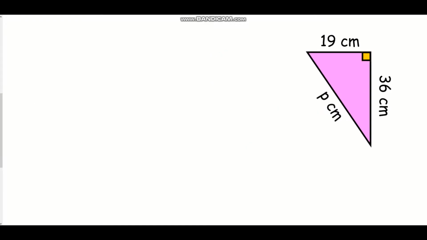Here we have a second example. What we've got is we've got our missing side this time opposite the right angle. So that means that we're going to use our hypotenuse version of Pythagoras theorem. We're going to use c squared equals a squared plus b squared.